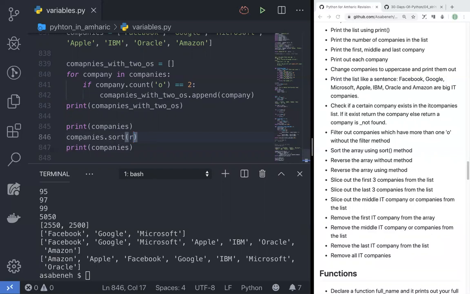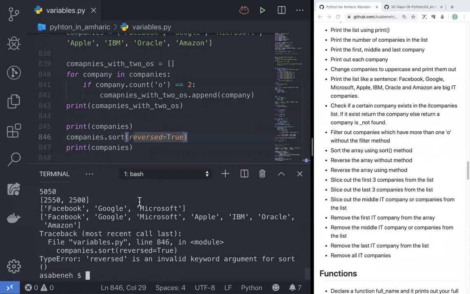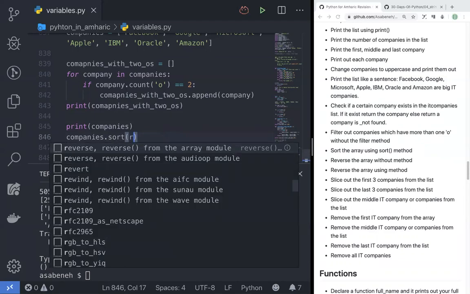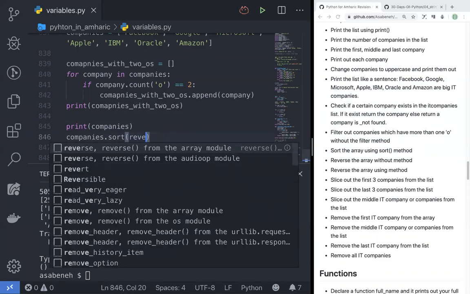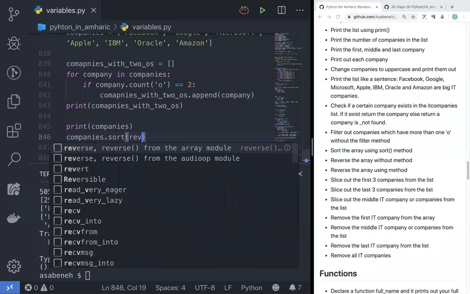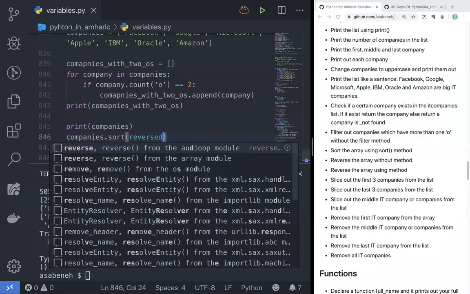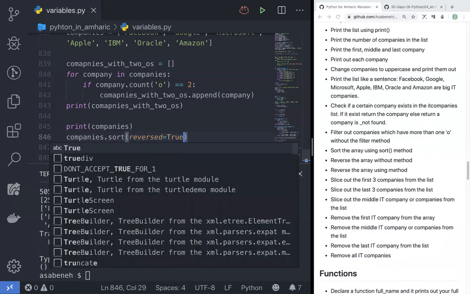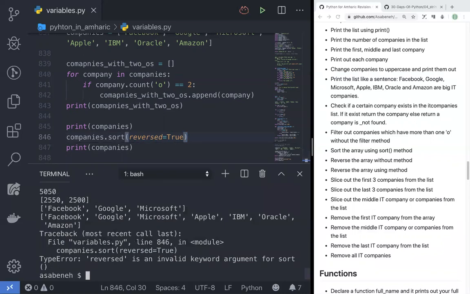No, I actually reverse it, true. Reversed, what was the term? I think I reverse it, true. So what's wrong with that?